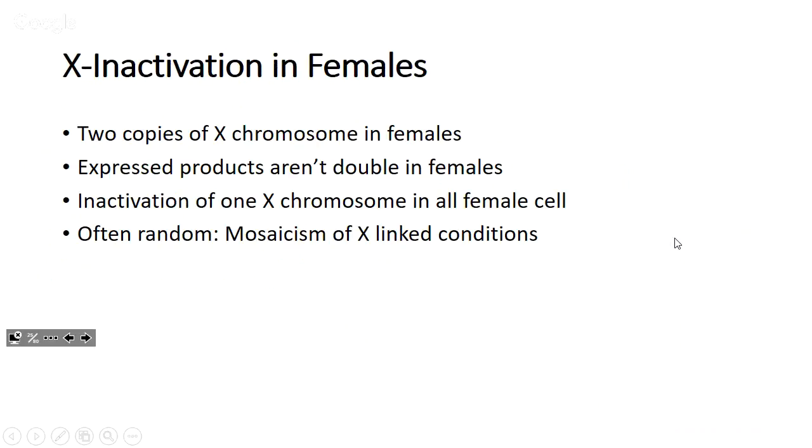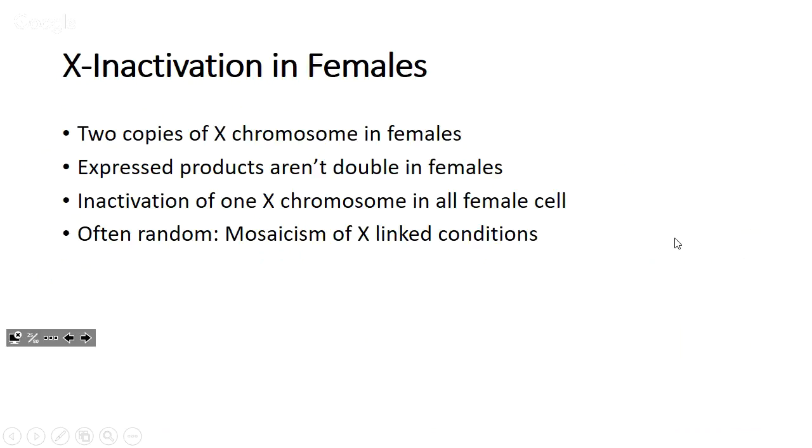Okay, so if we accept the premise that all females have two X chromosomes that have the same genes repeated twice, then why don't they have double the amount of proteins that are coded for on these chromosomes floating around? Well, they need to undergo X inactivation to make sure that their transcription and translation is happening as effectively as possible, which means that you can't have both of these chromosomes expressed constantly.